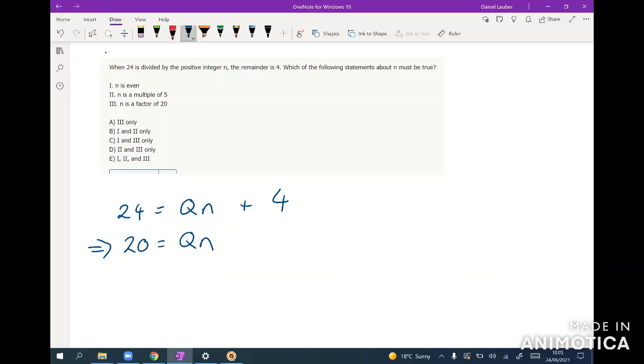Oh, sorry, just quickly, 20 is 2 squared times 5. And so we must have the same prime factors on the left and the right. So in other words, n can only contain 2s or 5s. So n could be 5, n could equal 10, or n could equal, I believe, 20. And so those are the only options. And so n doesn't have to be even, but n is a multiple of 5, and n is also a factor of 20. So 2 and 3 only.